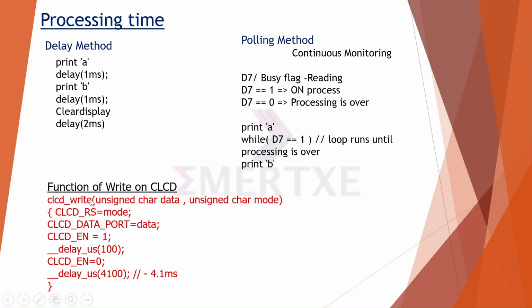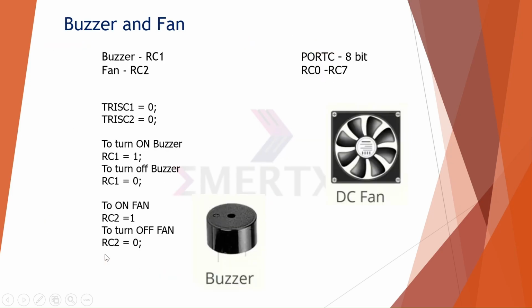Here is the function to write on the CLCD: write unsigned char data and unsigned char mode. CLCD RS is equal to mode, CLCD data. We use a predefined delay function and give a 100 microsecond delay. Then we give a 4.1 millisecond delay as per the data sheet.